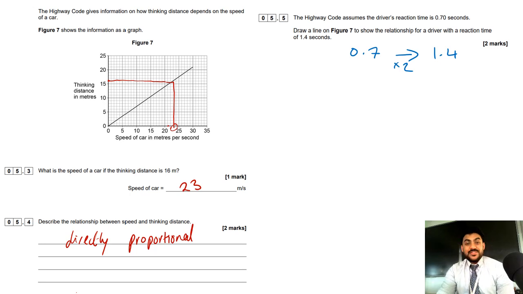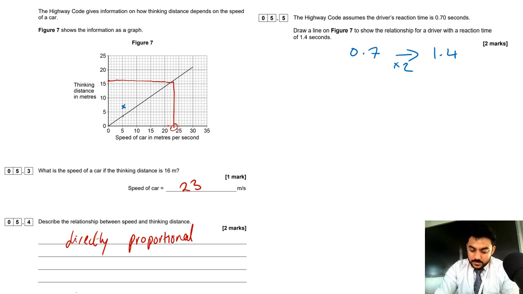That means your thinking distance will double for every increase in speed of the car. So if the speed of the car was 5 meters per second, for 0.7 seconds it's 3.5, but for 1.4 seconds, it's double 3.5, which is 7, right there.